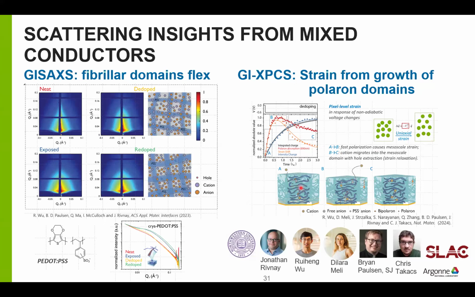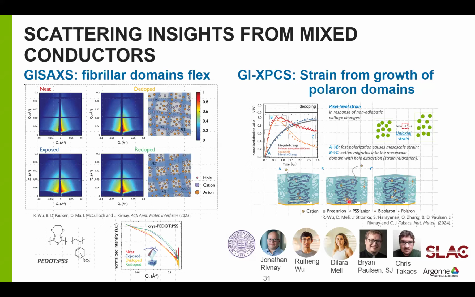And so you can see actually that as the sample is polarized, it's causing a strain that compresses the material. And then as the hole is extracted from the volume and the cation migrates in, then the strain relaxes somewhat.